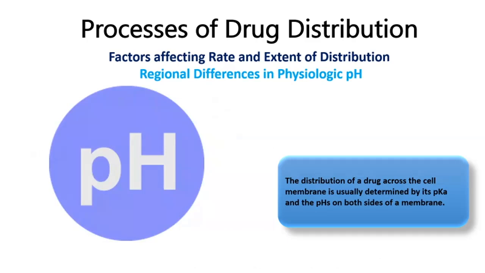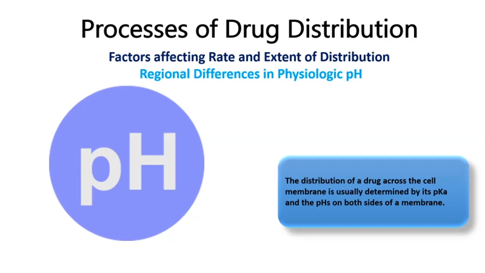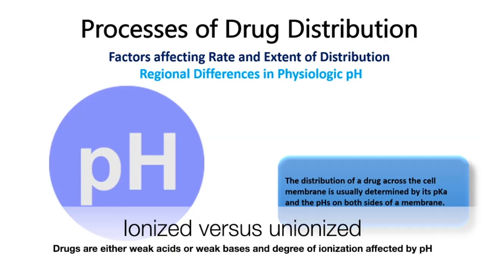And at equilibrium, the concentration of the non-ionized drug will be the same on either side. We all know that the mucosal lining of the GIT is impermeable to the ionized form of the drug. And the ionized form of the drug we speak of is either the weak acid or the weak base. Most of the drugs are available as weak acids or weak bases.